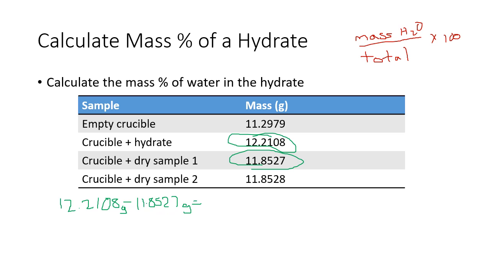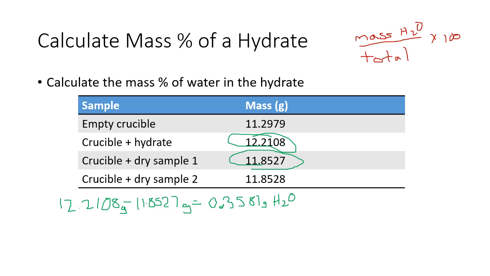So we take 12.2108 and subtract 11.8527. Why 8527 and not 8528? Well, we always want to go with the lowest one. Maximum amount of water evaporated. All right, and we get 0.3581 grams of water that evaporated.